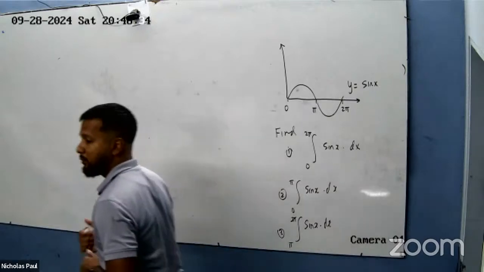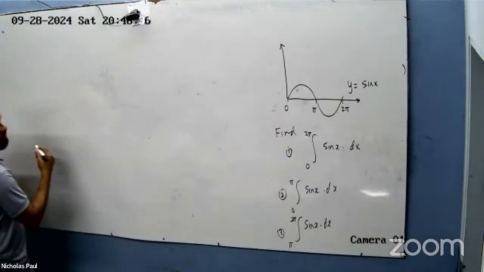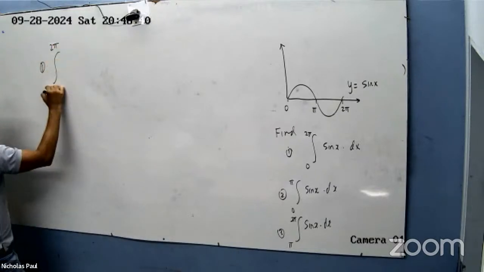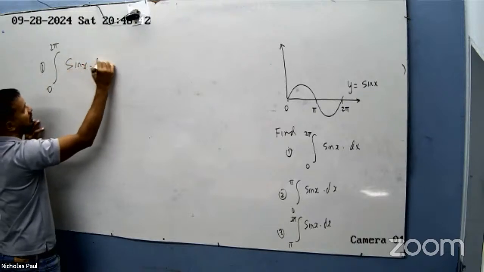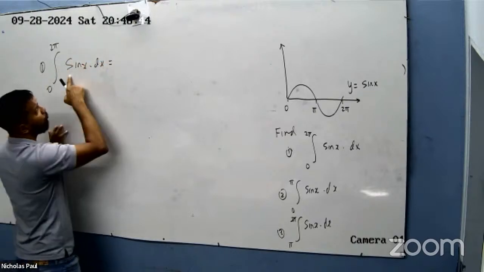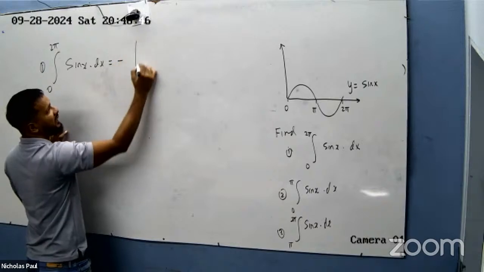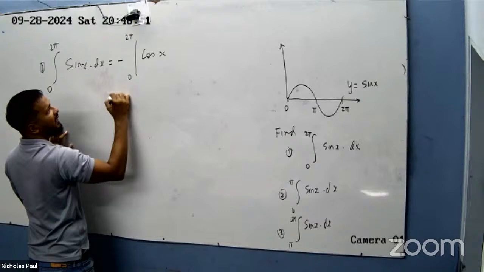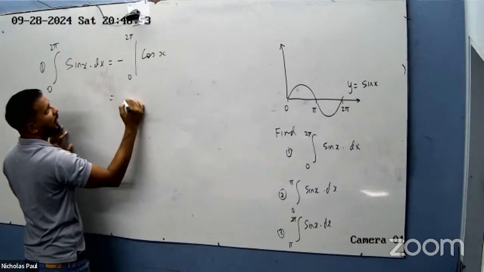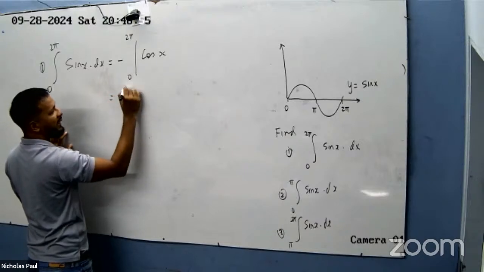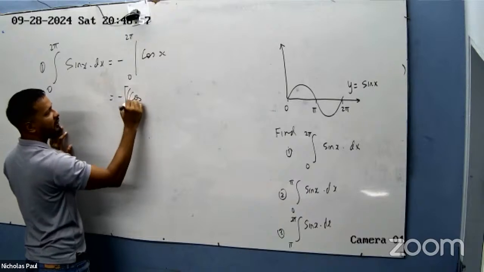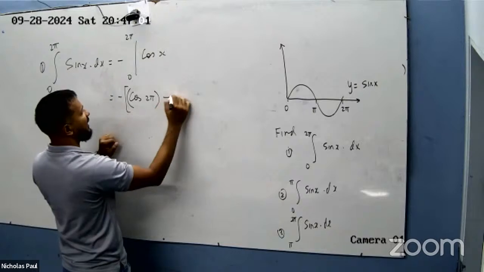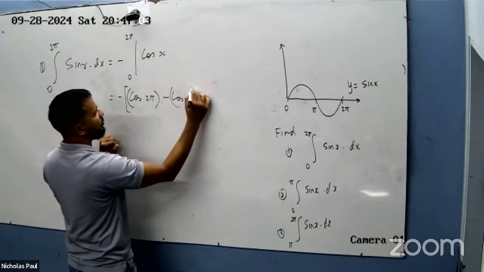What did you get for the first one? When you integrate sine, you'll get minus cos. And then you have to plug in 2 pi and 0. I put the minus on the outside: minus cos 2 pi, and then plug in cos 0.